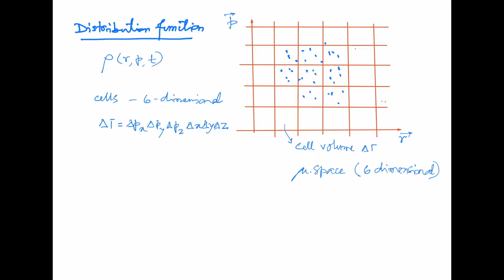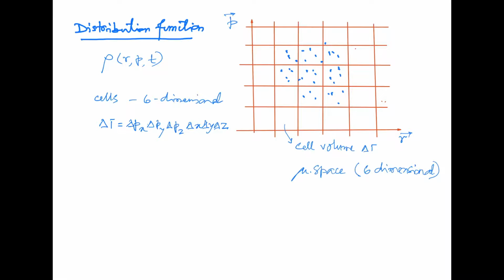So as compared to the volumes that we consider on a macroscopic scale, these cells will have infinitesimally small volume, but the cell size should be large enough to contain a large number of particles in it.